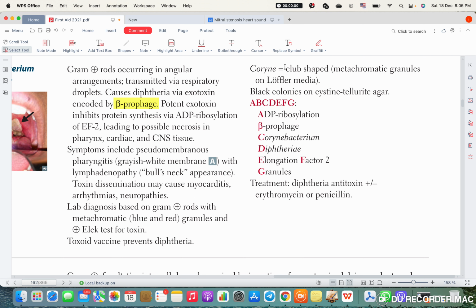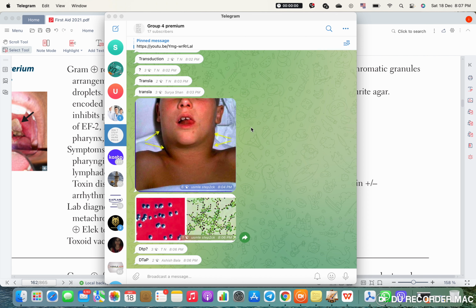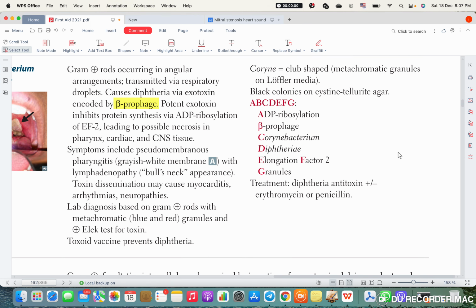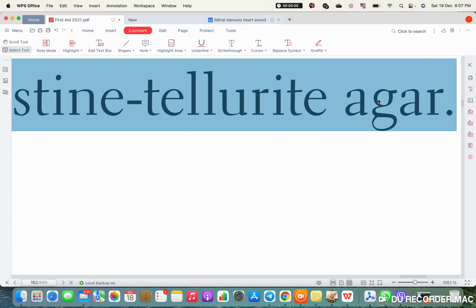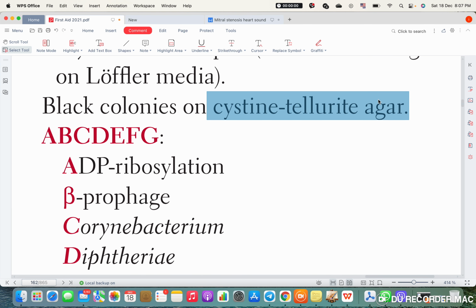And yeah, Corynebacterium is club-shaped with metachromatic granules on Loeffler media. So what is that? See the club shape? They mean something like this, guys. It's like a racket, basically. Yep. So they can make a black colony on cysteine tellurite agar. I remember a story about a doctor diagnosing someone with diphtheria.